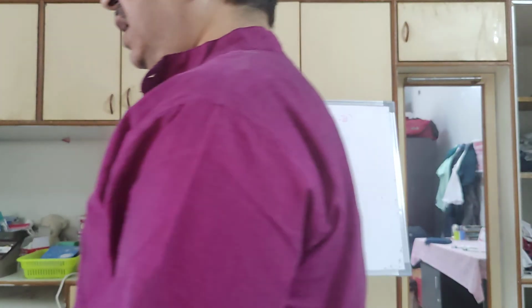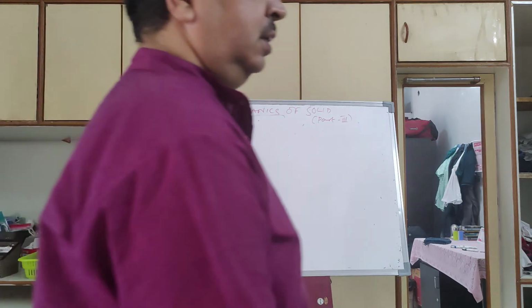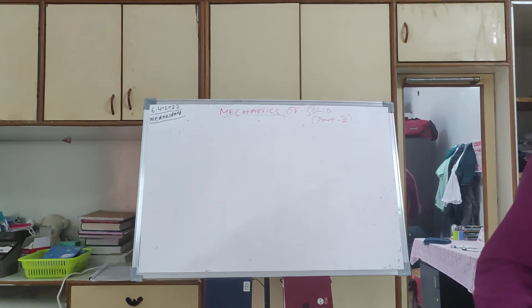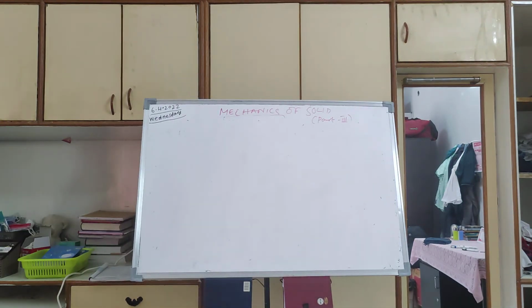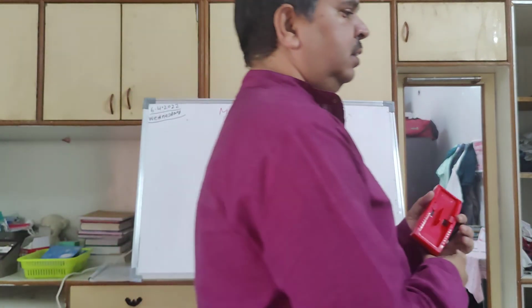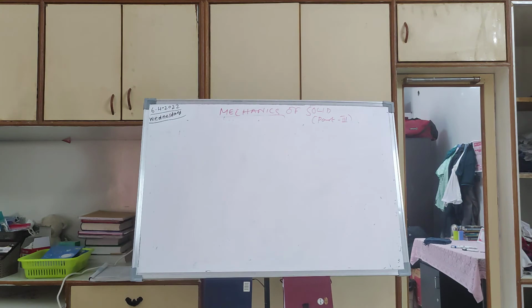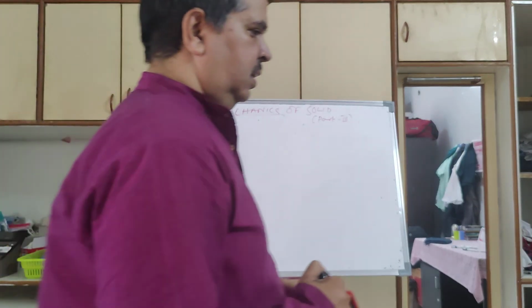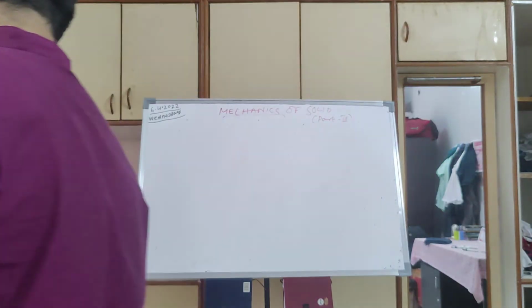But in series, equal force goes to both. Even in electrical circuits, when two resistors are in parallel, the resistor with higher resistance will take less current and the one with less resistance will take more current. It all depends on the resistance.